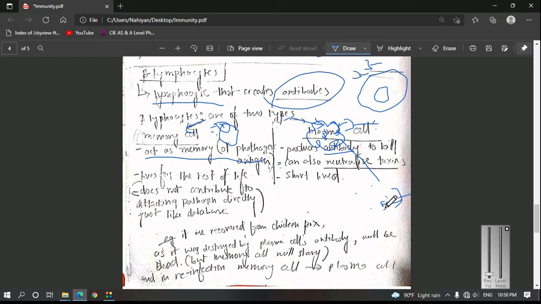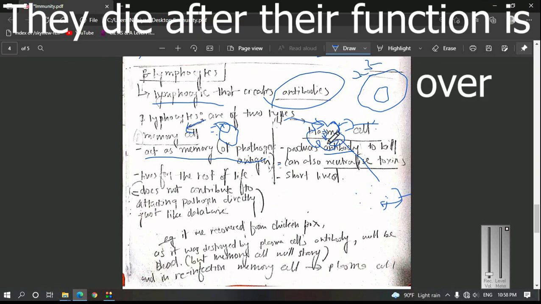But the problem is that, for instance, once you have overcome chickenpox, the plasma cells, the police, are not present anymore.